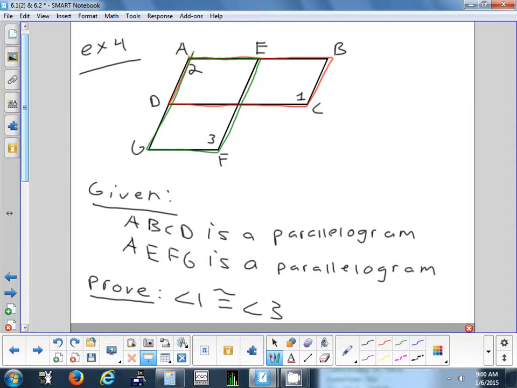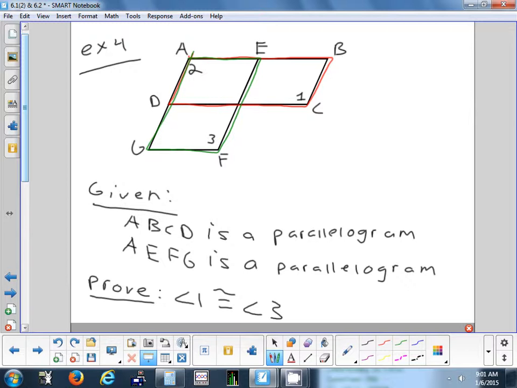Okay, what they want us to do is prove angles 1 and 3 are congruent. Now, this can actually be done in very few steps. I think 3 steps if you do it correctly, and 3 steps includes the given.